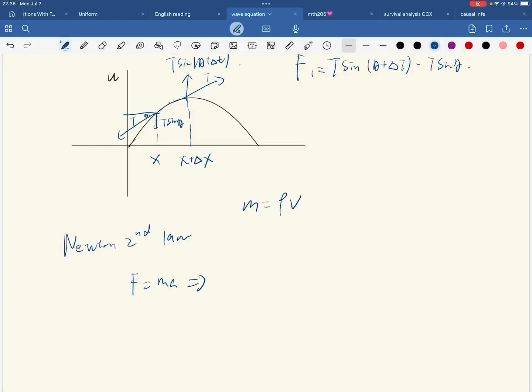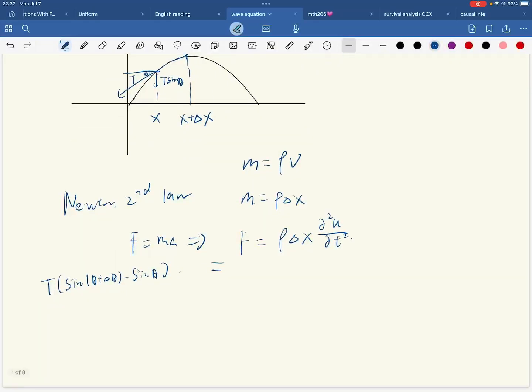Since m equals rho times v, and here the delta x is very small, it's just like a line, and we just regard m as rho delta x, and this is like F equals rho delta x times a, where a equals the partial derivative like that, and F equals T times (sine(theta plus delta theta) minus sine theta).